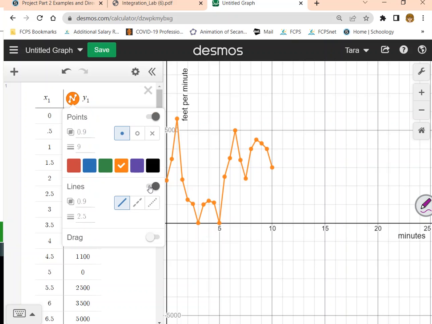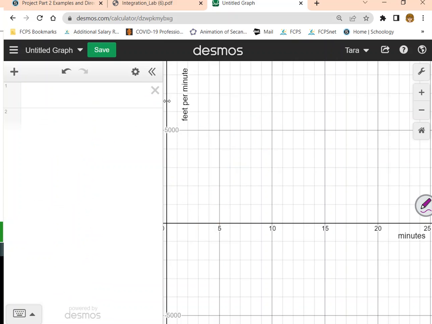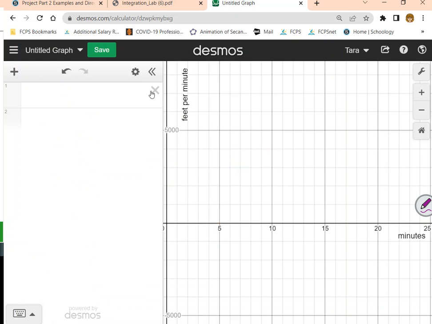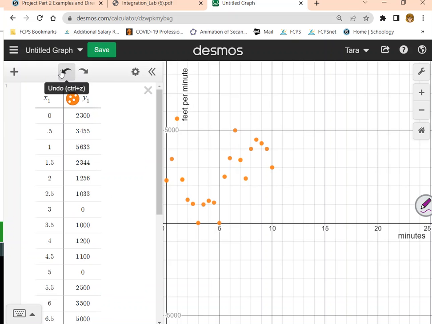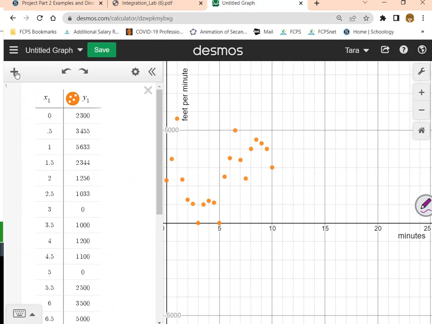Let me undo it. All right, so a lot of you had this, right? Oh, no, you didn't have that. Oh, so glad that has an undo. Okay, so there's all my individual little data points.